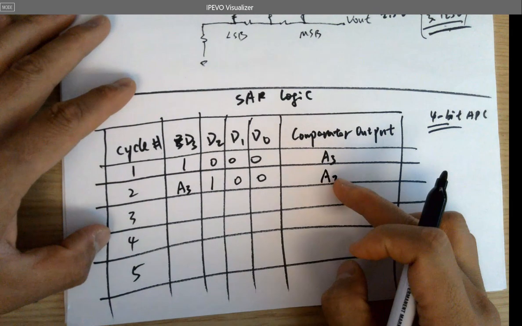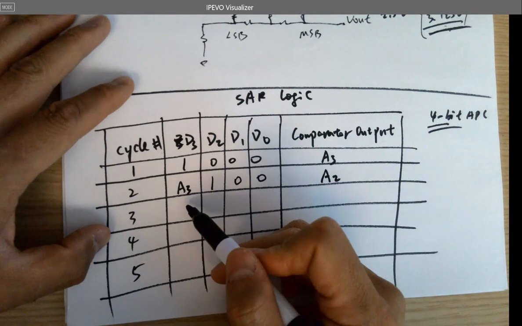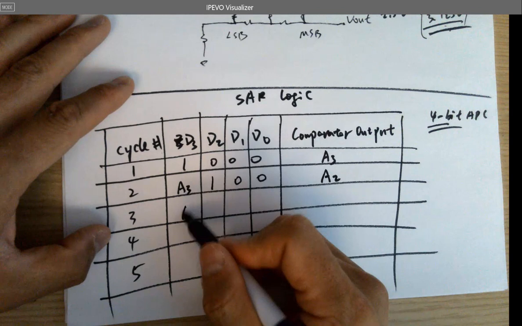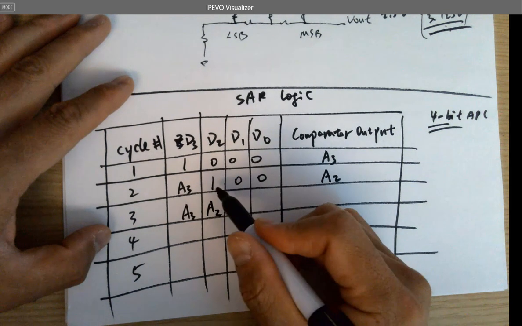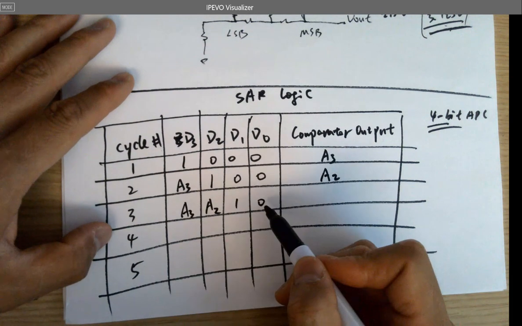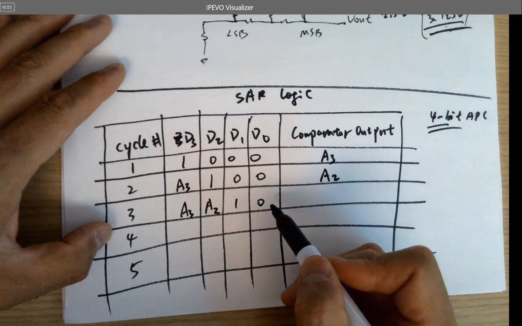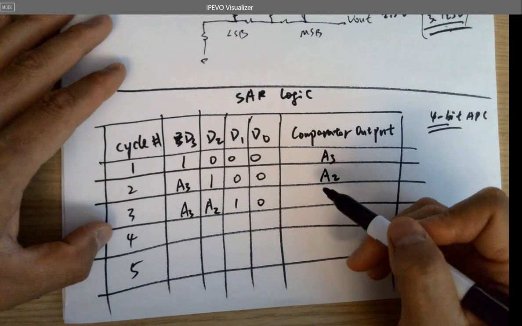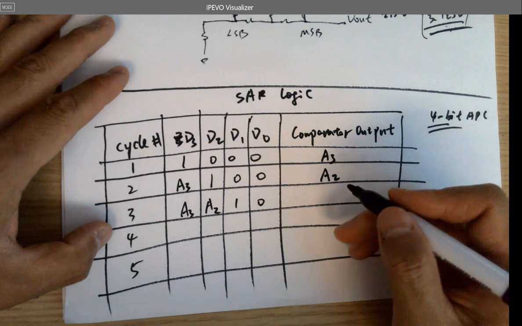And this goes where? Below, just behind A3, following A3 and shifting the 1 to the right one more time. And this is the number at the input of the DAC. So the DAC again will generate the analog voltage and be fed into the comparator's input, which will generate another comparator output, which is A1.